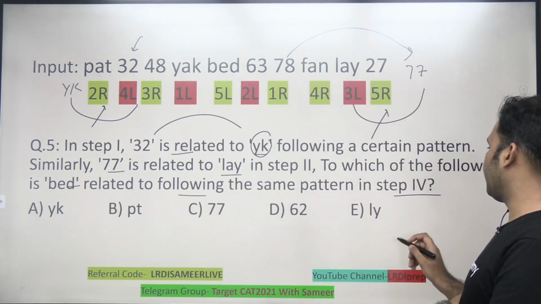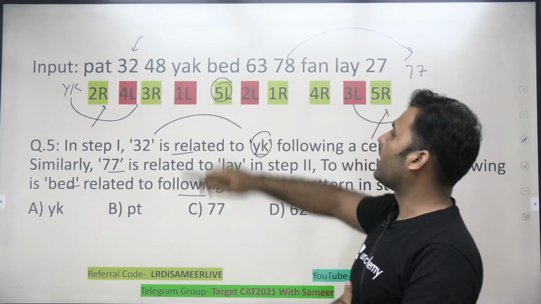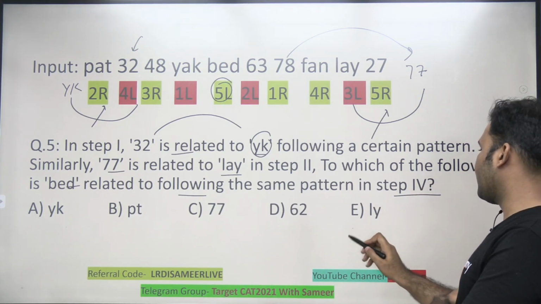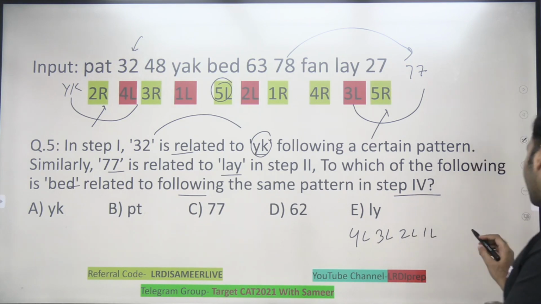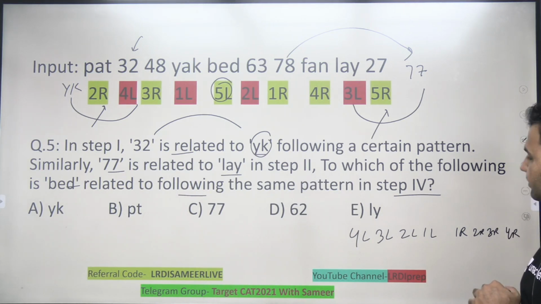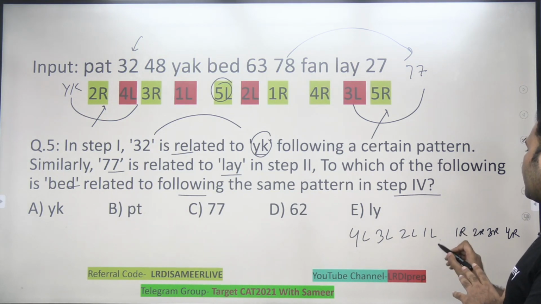So if you talk about step 4, right, the word bed is 5L, right? So in step 4, it will not be positioned. So we will have 4L, 3L, 2L, 1L, and then we will have 1R, 2R, 3R, and 4R in step 4, right? And if you look at that word bed, it will be coming after 1L, right?